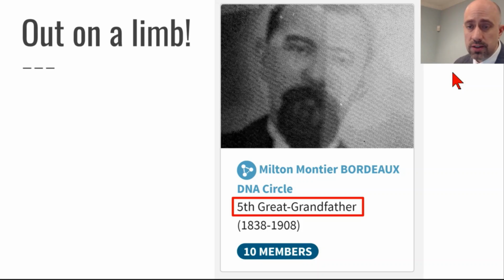So the range is great-grandparents, 2nd great-grandparents, 3rd great-grandparents, and 4th great-grandparents. Unless you have tested a parent, a grandparent, or some other close family member who is closer to that ancestor, you will not get 5th or 6th great-grandparents.